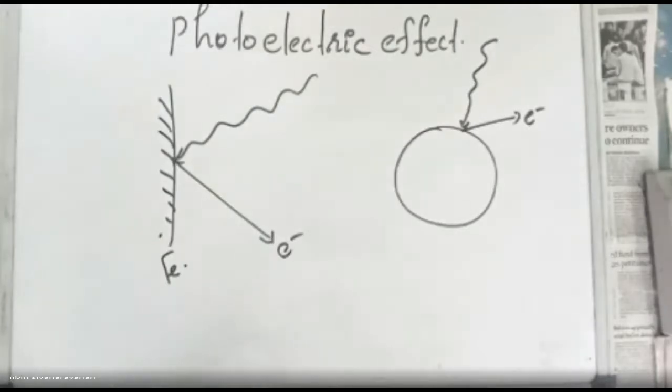If we give energy equal to the ionization energy, then only the electron gets ejected.